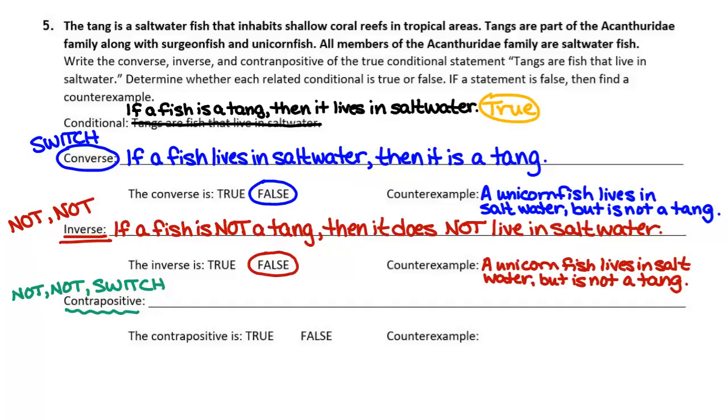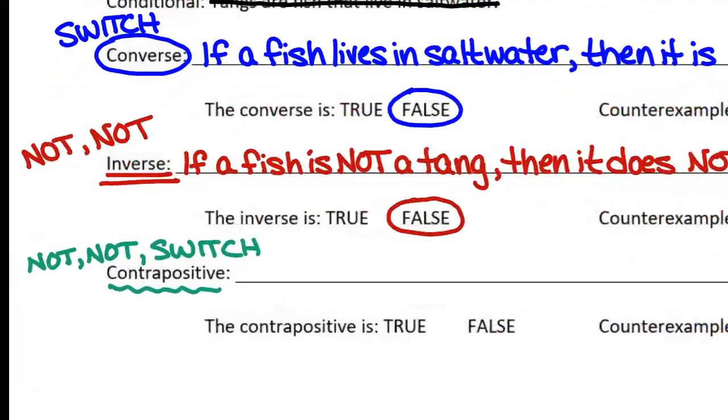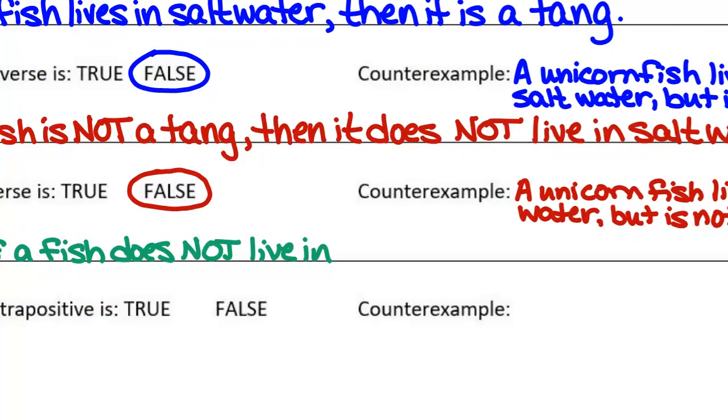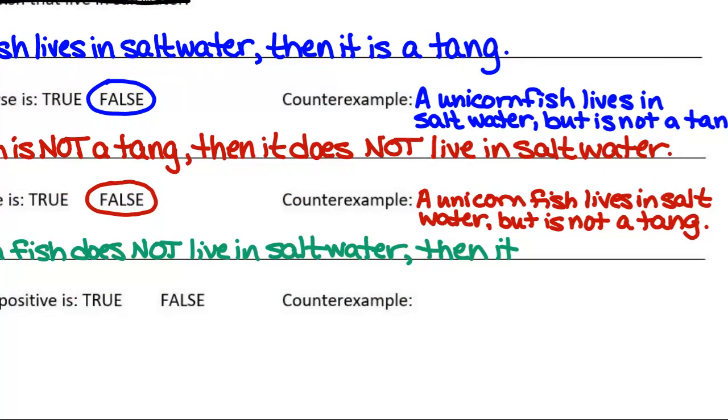So if a fish does not live in salt water, then it is not a tang.